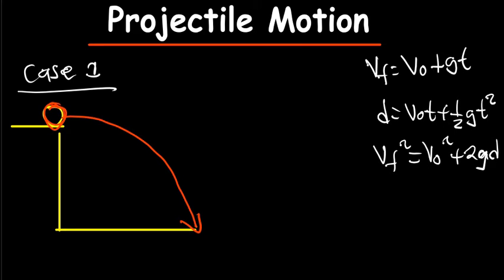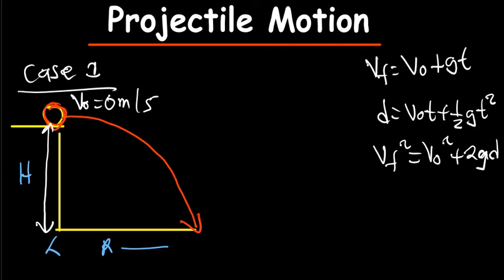What do we expect to have? The initial velocity at this point is 0 meters per second. So we expect to have this h, the height of the building, which we are going to call h. The horizontal distance is what we call the range. Okay, I hope we are together there.